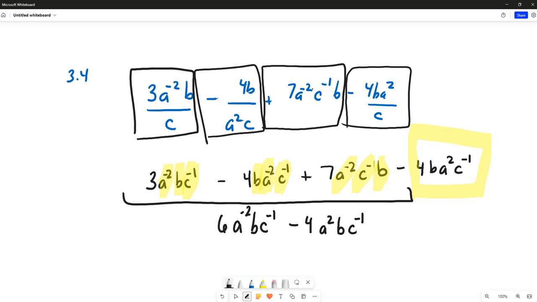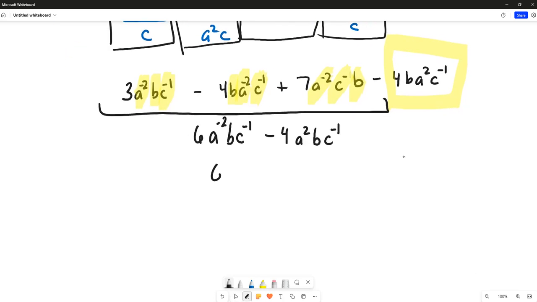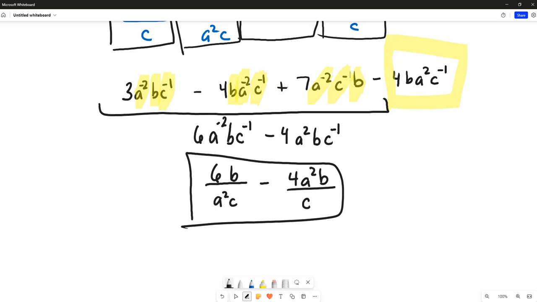Let's see if that's right. Should be. Let me rearrange it so all the variables are positive. So that's 6b over a squared c minus 4a squared b over c to the first power. And that's the correct answer.